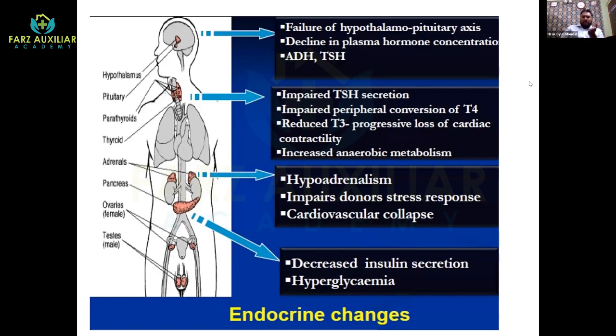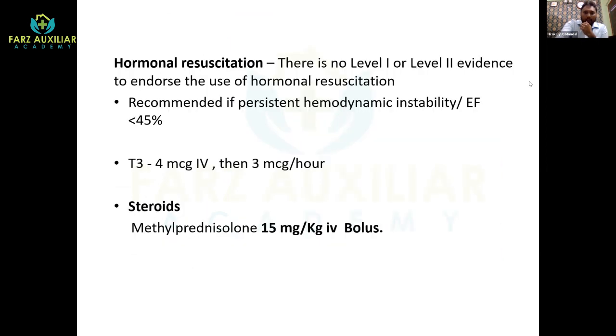This is a wonderful slide showing everything that can possibly go wrong in a potential organ donor. Regarding hormonal resuscitation, there is no level 1 or level 2 evidence to use hormonal resuscitation until the patient is hemodynamically unstable.